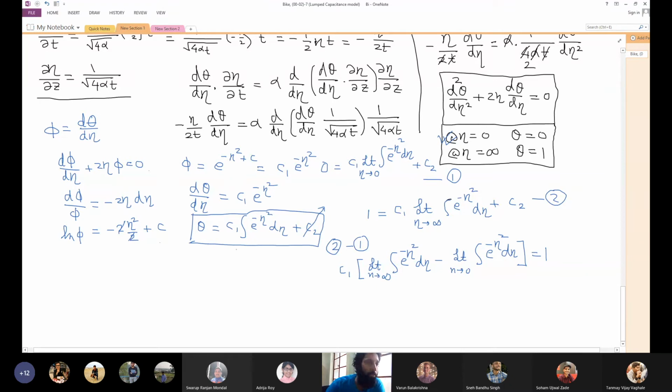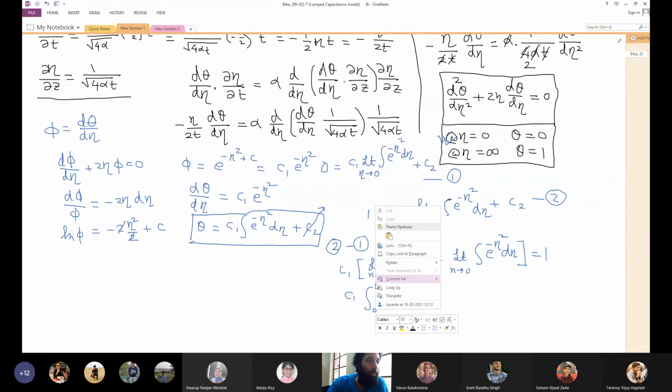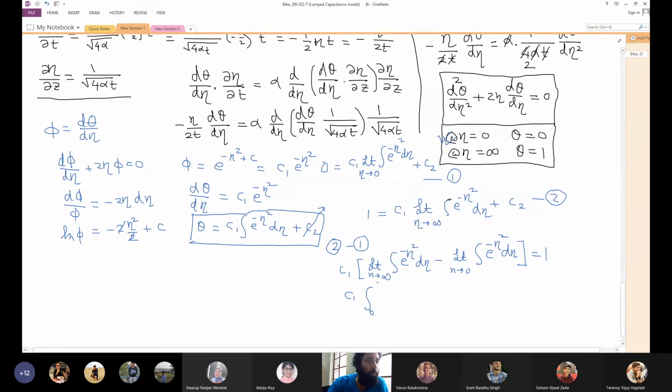So from here we can write this as c1 integration of, so it's a definite integral. If we integrate this and whatever function you get, you put limits, it's basically equivalent to having a definite integral of this thing from 0 to infinity, e to the power minus eta square d eta equals to 1.